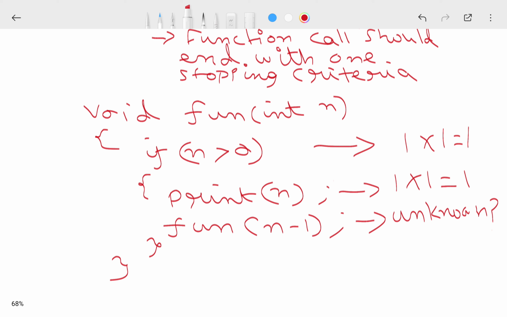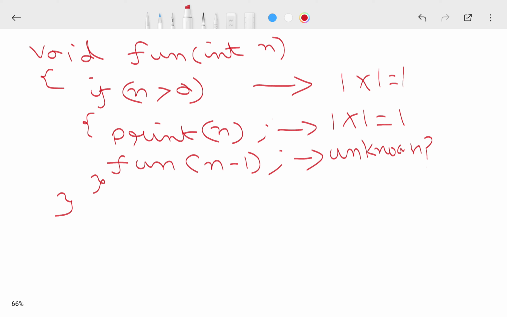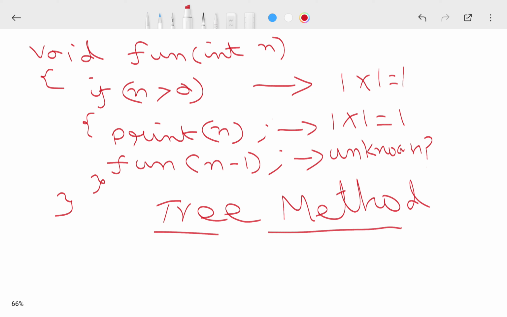There are two methods by which this complexity can be evaluated. The first one is the tree method. This function call can be represented in a tree structure. But before that, for any recursive function, we first need to form a recurrence relation.